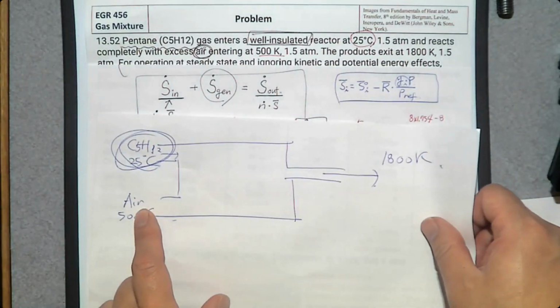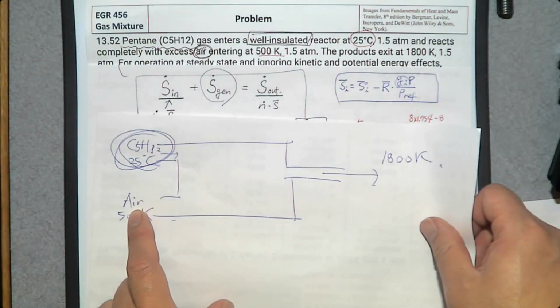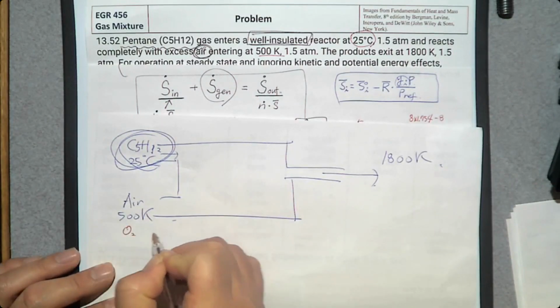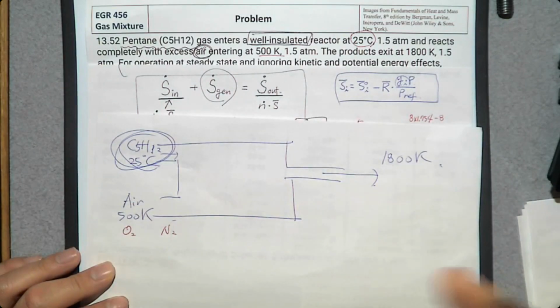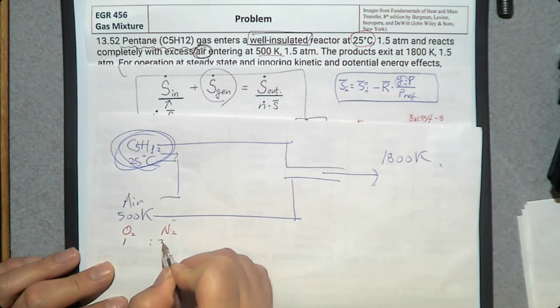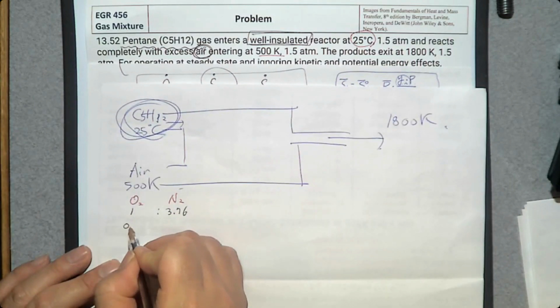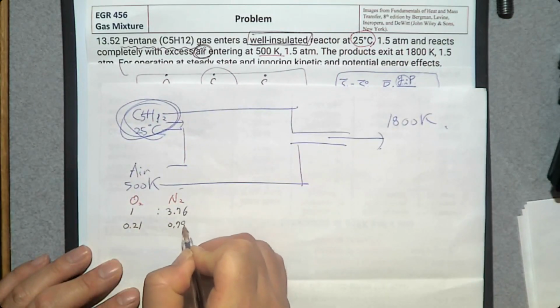In this inlet, we only have air, that means oxygen and nitrogen. What is the ratio between oxygen and nitrogen? 1 to 3.76. In other words, 21%, 79%.